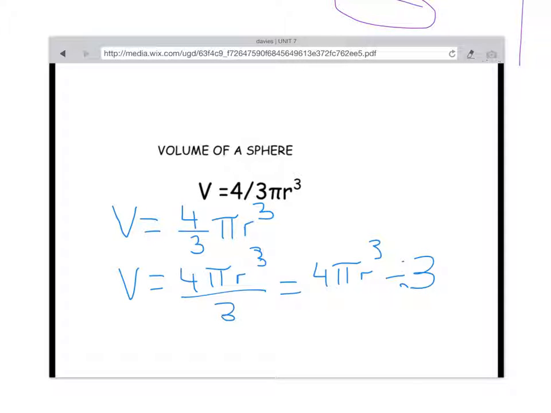So it all depends on which way you're most comfortable working with the formula. Most people don't like the fractions, and so if you want to avoid looking at it like a fraction, then just multiply the whole thing by 4 and divide it by 3 at the end.